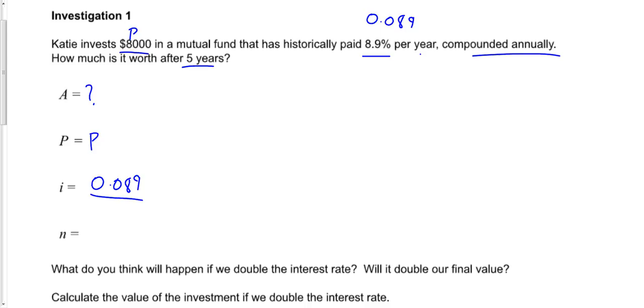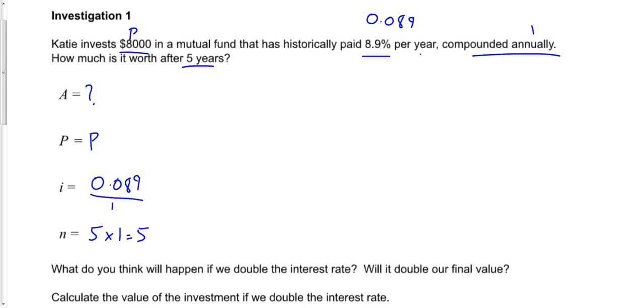And since it's compounded annually, that means it's compounded one time per year. So just 0.089. And how much is it worth after 5 years? So 5 times 1 is equal to 5 compounding periods.